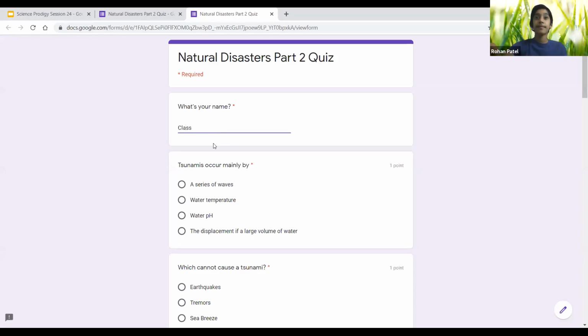We are class. So tsunamis occur mainly by a series of waves, water temperature, or the displacement of a large volume of water. If you don't know, water temperature and age don't really matter in a tsunami, but it is the displacement of a large volume of water that can cause a series of waves.